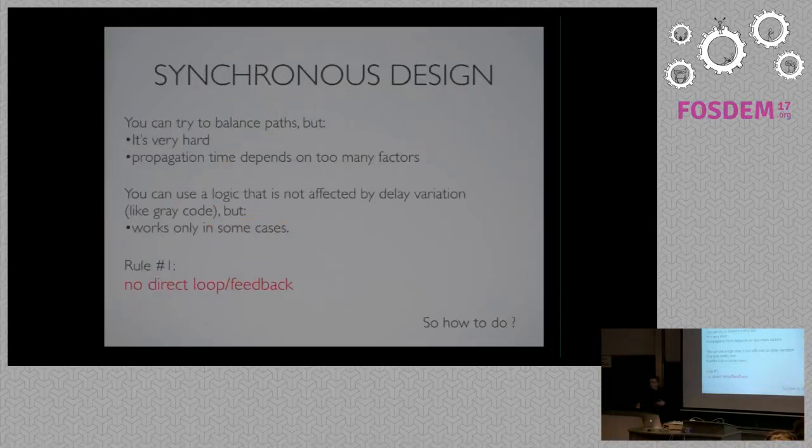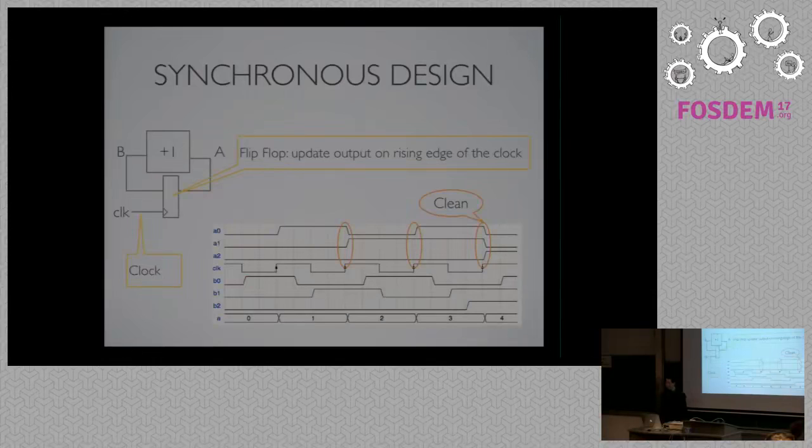You can try to avoid this nasty effect by, for example, balancing the circuit, but it's very, very, very hard. So the main rule when you do digital design is never have direct feedback. The way to solve that is to use what we call a register, a memorizing element, which needs a clock.